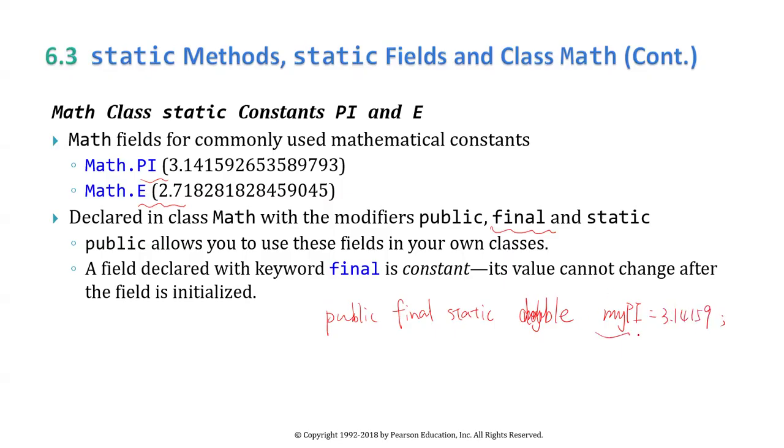And after that, I want to change my pi to 4.20189. Okay, here it will go wrong because final is a constant, right? And the value cannot change after the field is initialized. So in this case, the program will go wrong and you cannot run it.